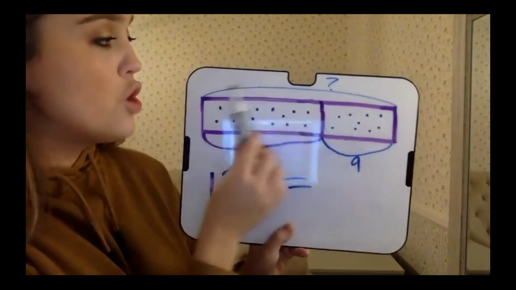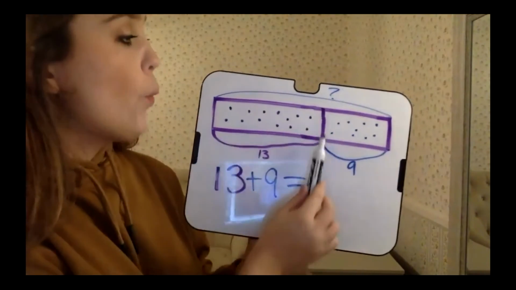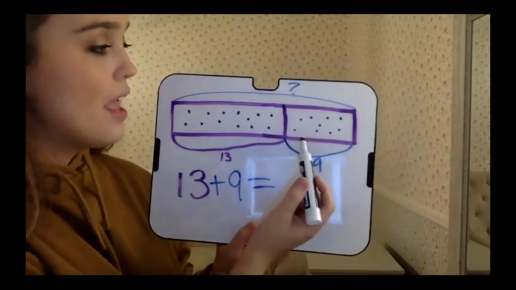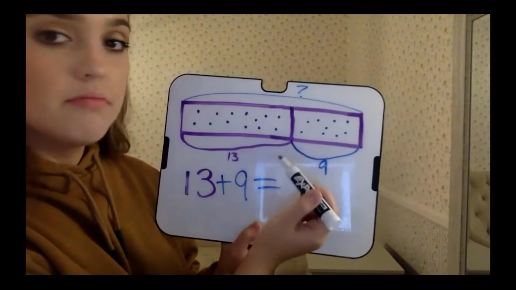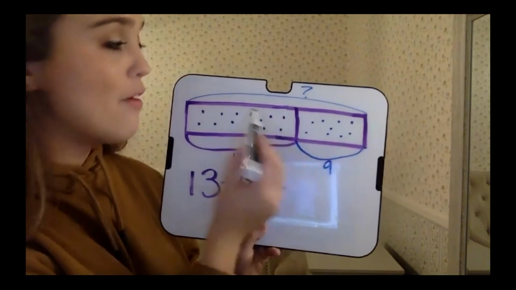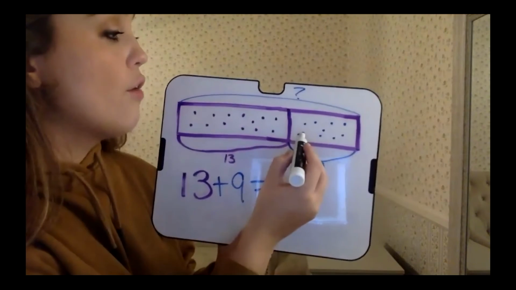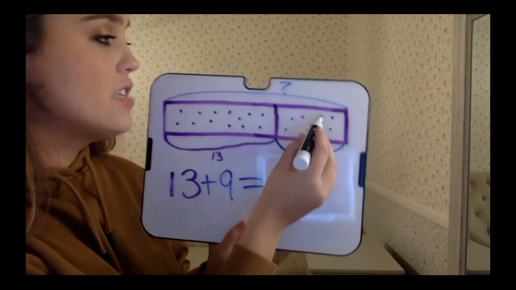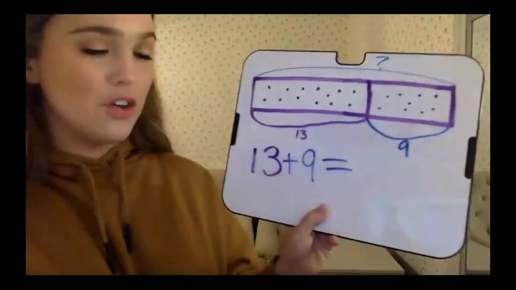And remember, you know how many dots are in this one. We know we have 13 dots, so we can start over here and count. So we start at 14, just picking up where we left off from this box. So we have 14, 15, 16, 17, 18, 19, 20, 21, and 22.